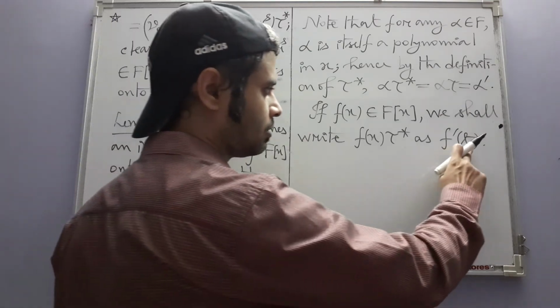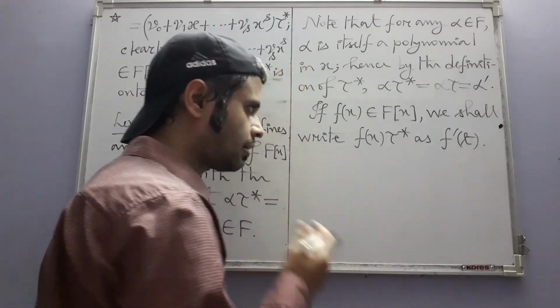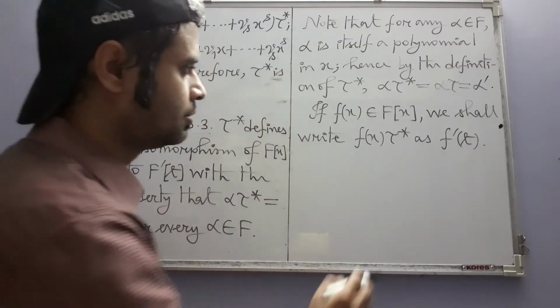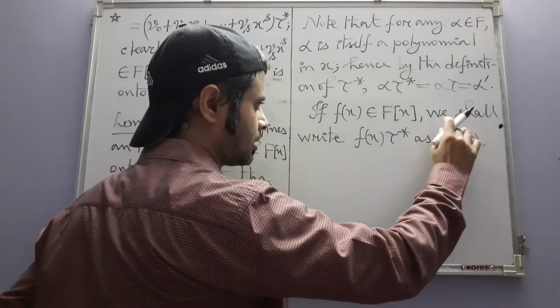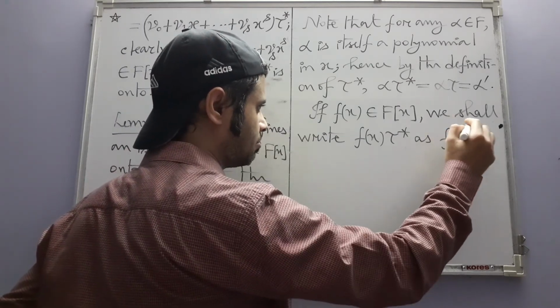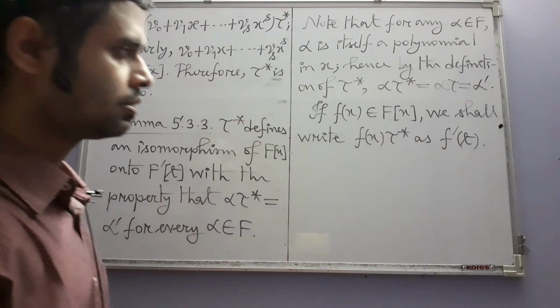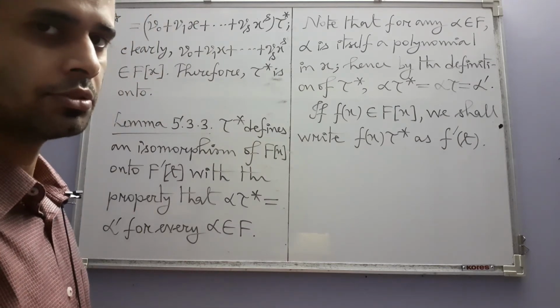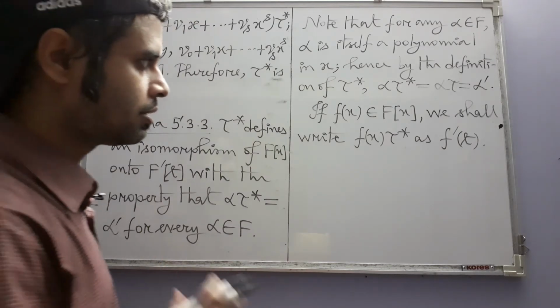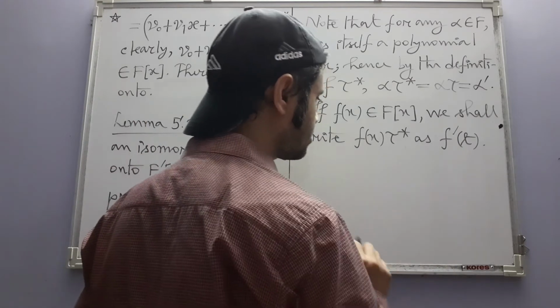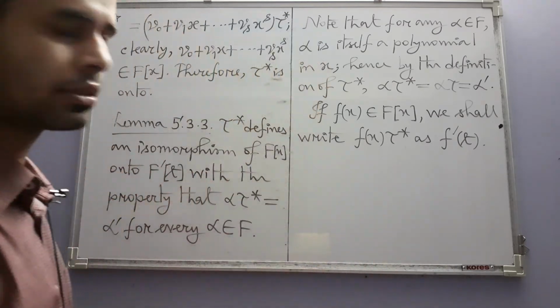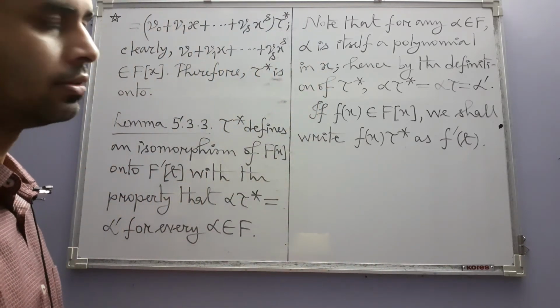That's why we are writing t here, and the fact that the field is F prime is expressed by writing a prime here. But this notation looks extremely confusing because it looks like the derivative of the function f at t.